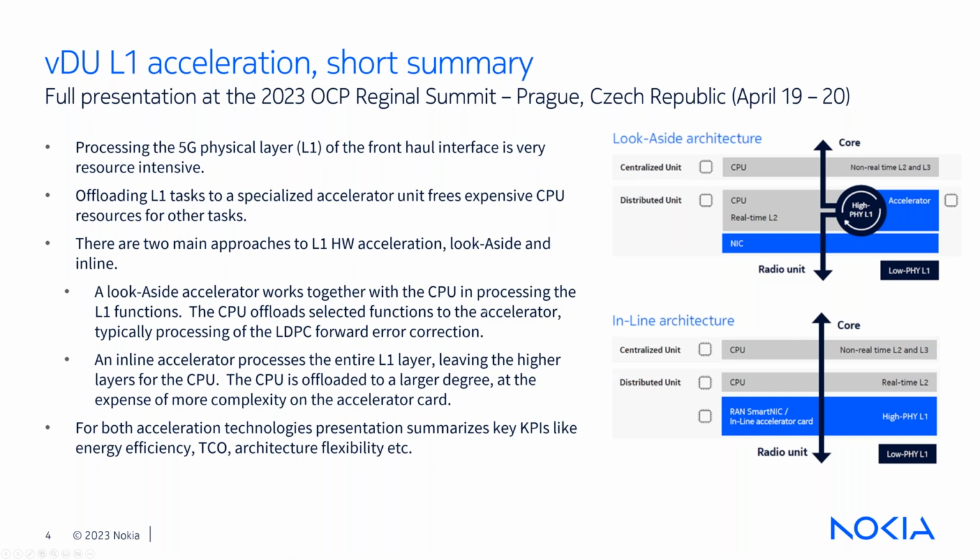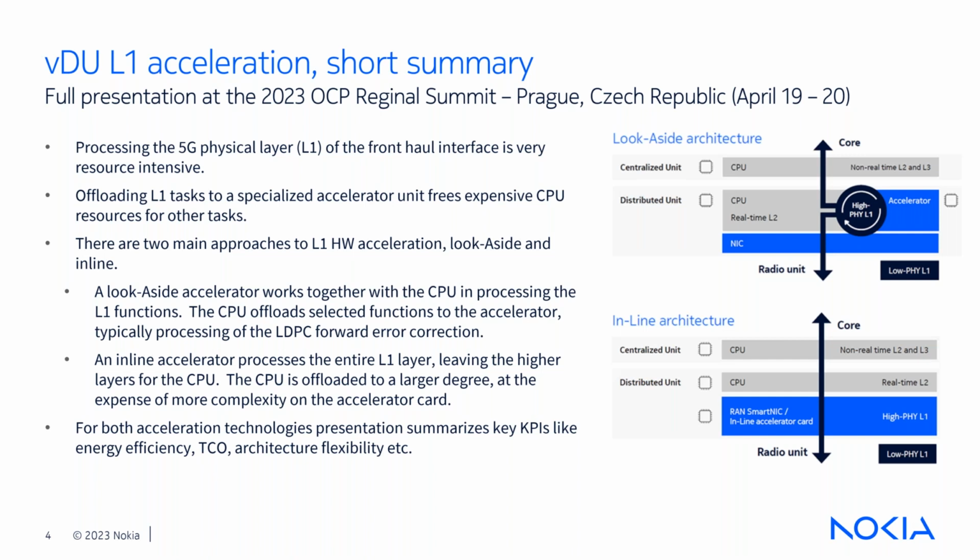The other alternative is to use an inline accelerator for the entire L1 layer using that kind of SmartNIC card, and then you don't have any more L1 workload in the CPU.